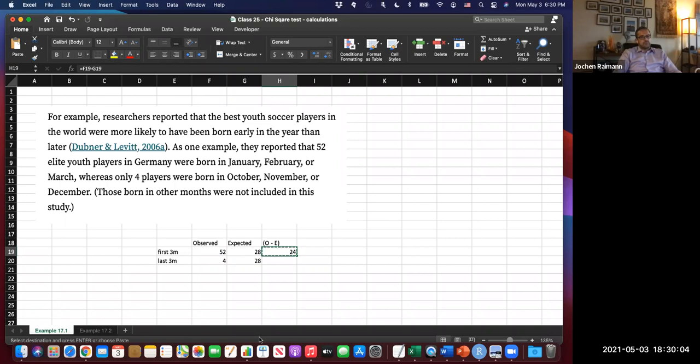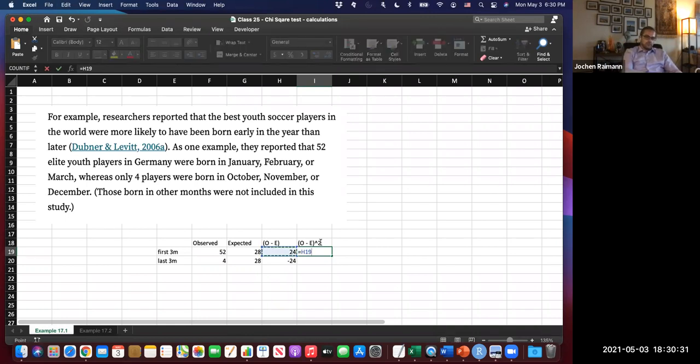If I do the same thing with the last 3 months, I have minus 24. And you know what we always do in statistics, at least at this level, whenever there's a direction involved and we just want to quantify the deviations in a standardized way: you square that. And you basically get a squared deviation.